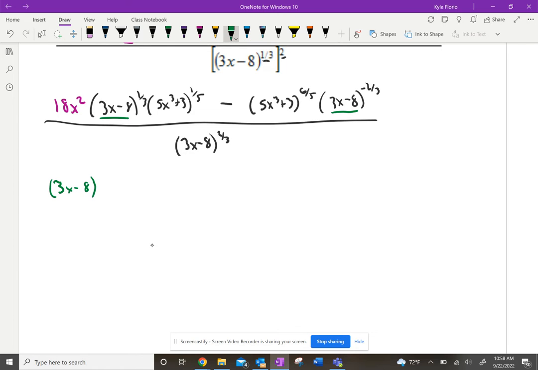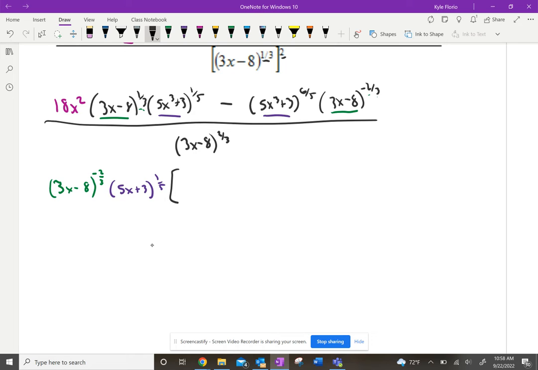The exponent's going to be the smallest one. I have a third of a factor and negative 2/3 of a factor, and negative 2/3 is the smallest. Now, let's go purple. They both have a 5x cubed plus 3, so I can take that out. This is to the 1/5, that's to the 6/5. 1/5 is smaller, so I can take out that.